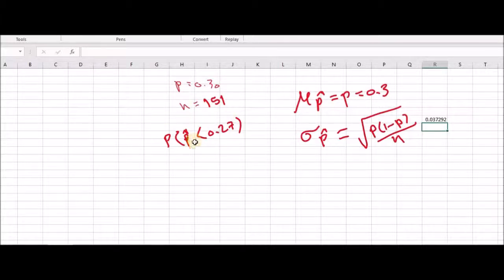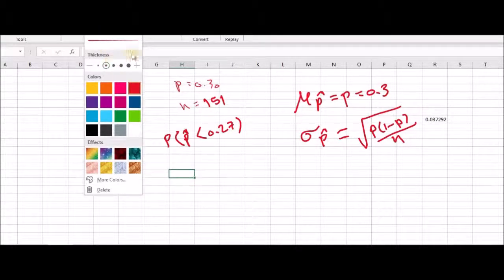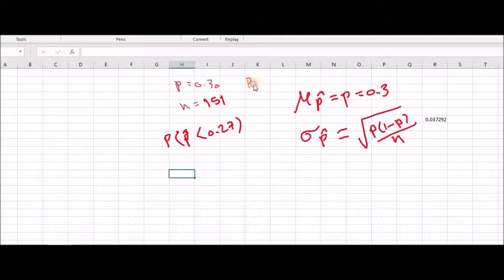Now, to find the probability that the sample proportion is less than 0.27, we're going to use the normal distribution function. And we can use the normal distribution function because if you check the rule that says for the distribution of the sample proportion to be normally distributed, we must have n times p and n times 1 minus p greater than or equal to 10.